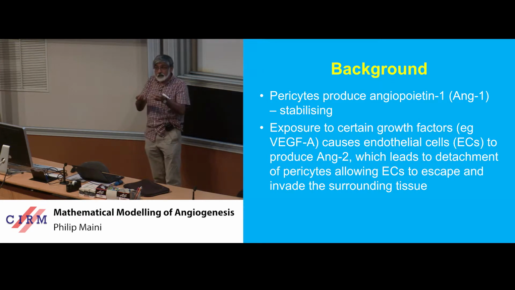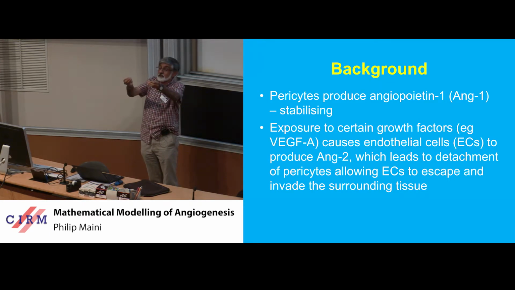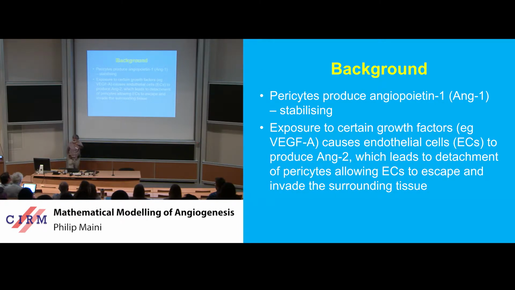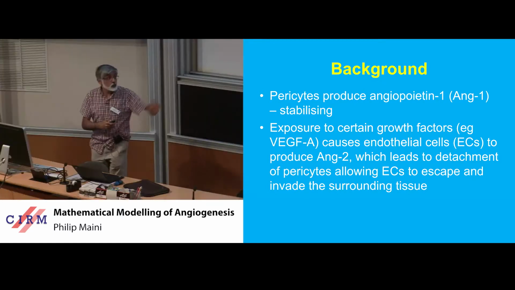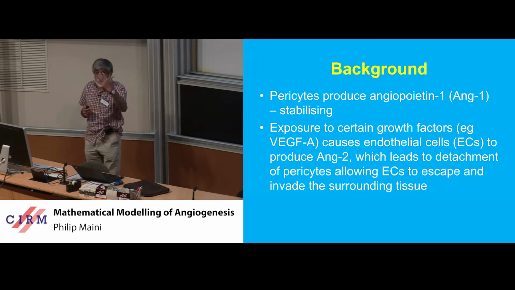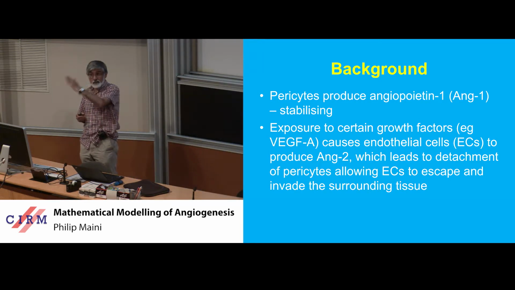You've got cells moving, breaking out and moving and coming together. So you've got a huge number of scales there. And most of those individual parts have been modelled by many, many different people. Okay? Too many people to list, but lots of mathematical modelling has been done on every aspect of that problem.